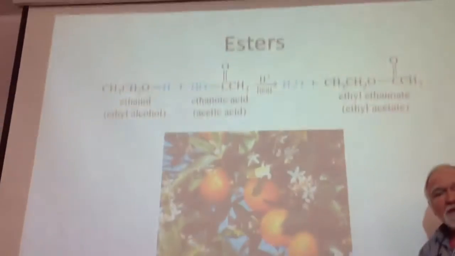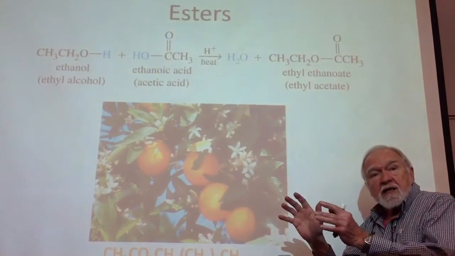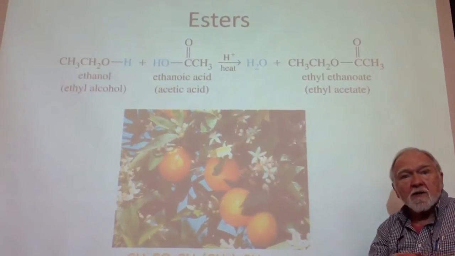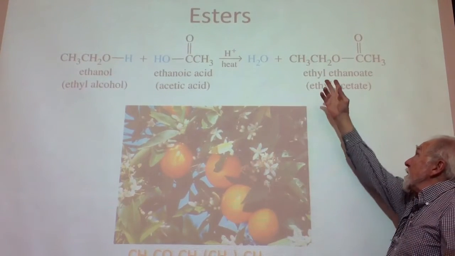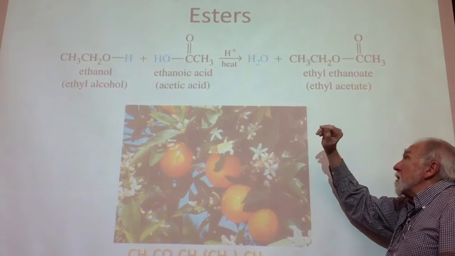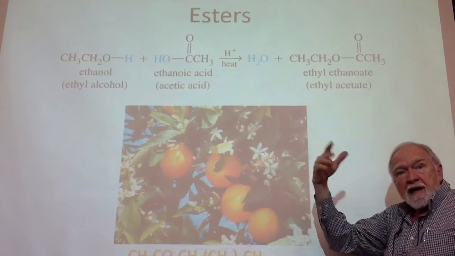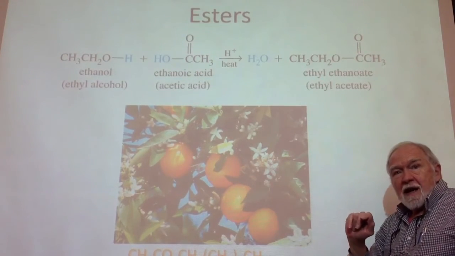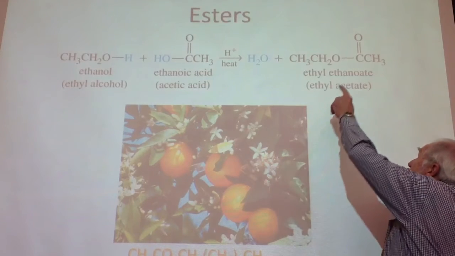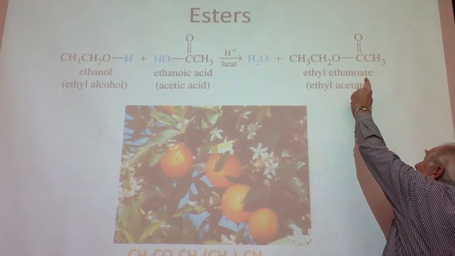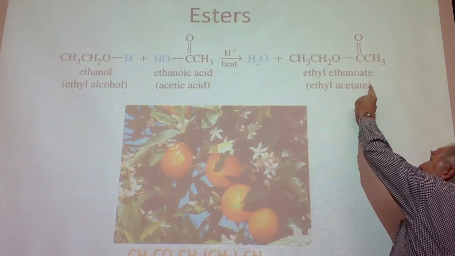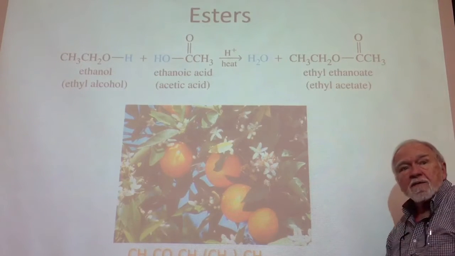It's not like the ethers where you take the longest chain as your base, the shorter chain gets the OXY. Here it always depends on the part that comes from the alcohol. This could be a 5-carbon chain alcohol, then it would be pentyl. And the way you recognize it is the carbonyl carbon is the one that's going to have come from the acid. So the other one has to come from the alcohol.